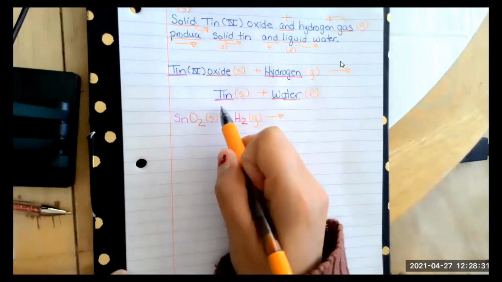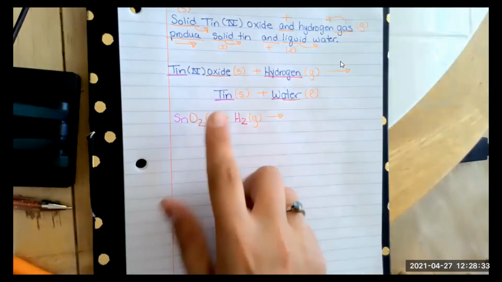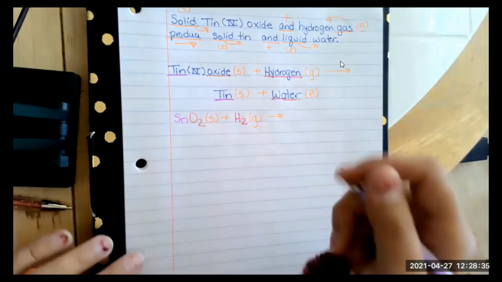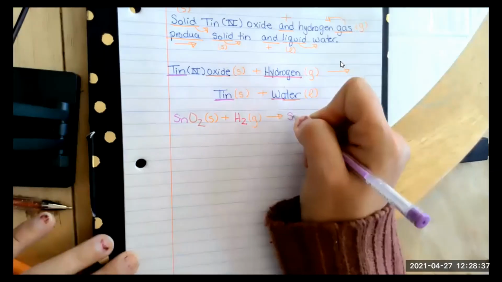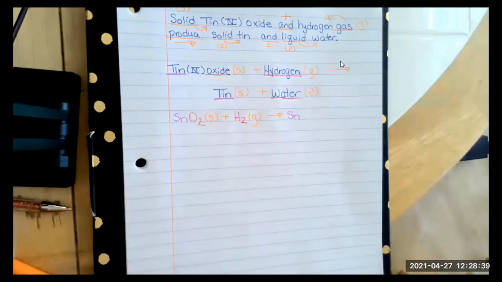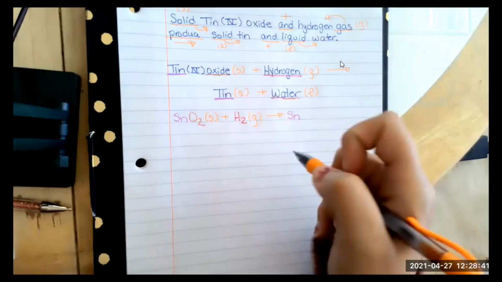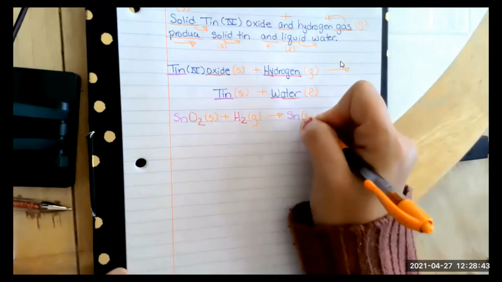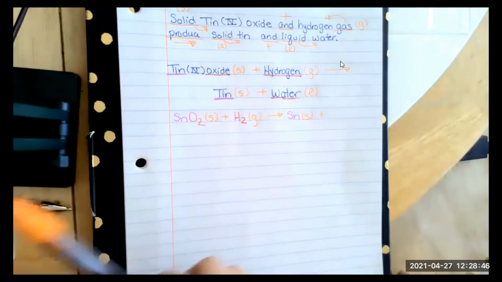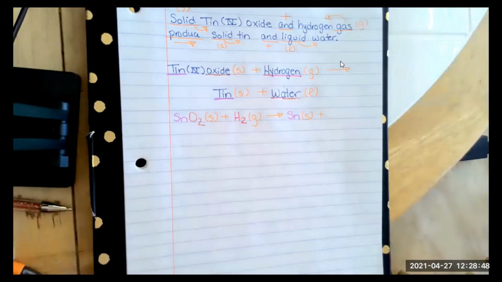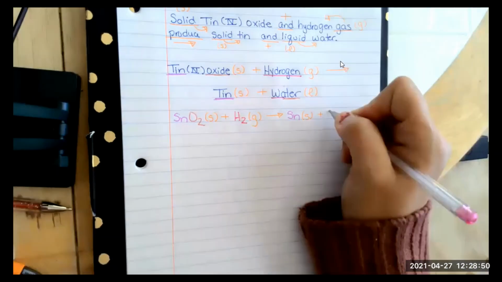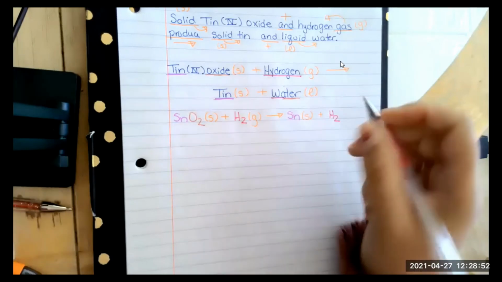Tin as a solid is just an element, so I can just write Sn. Then I can go ahead and write my state of matter after it. Plus, now I have water, which is H2O. And that is a liquid.